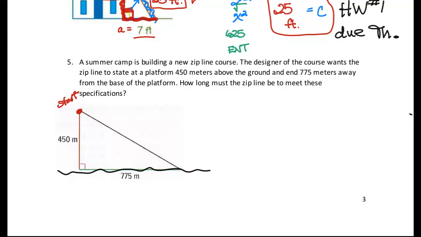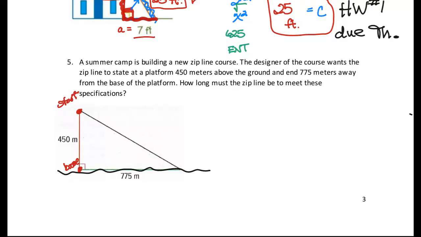And he wants it to end 775 meters away from the base. Well, here's the base. Okay. And so that is 775 meters away. How long must the zip line be to meet these specifications?